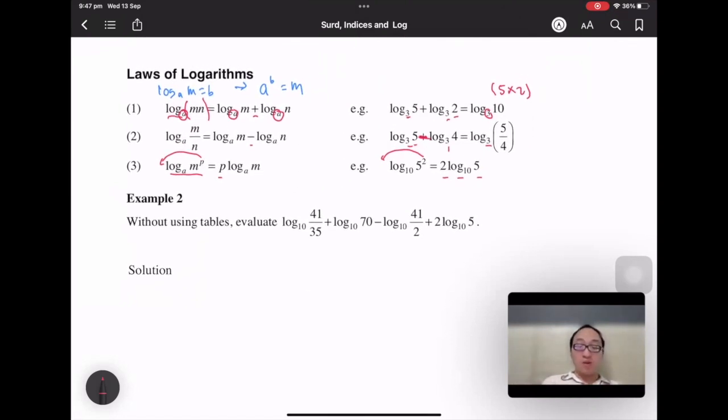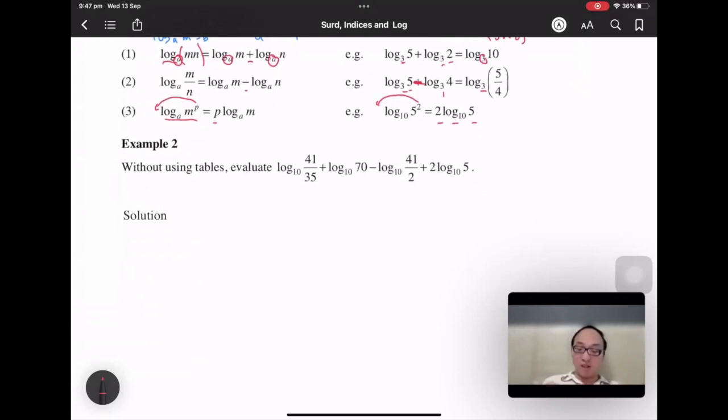So to use the law of logarithm, we have to make sure they have the same base, and it should be a single log. So from here, I can change the last one because it is 2, not a single log. We cannot add if this is not a single log.